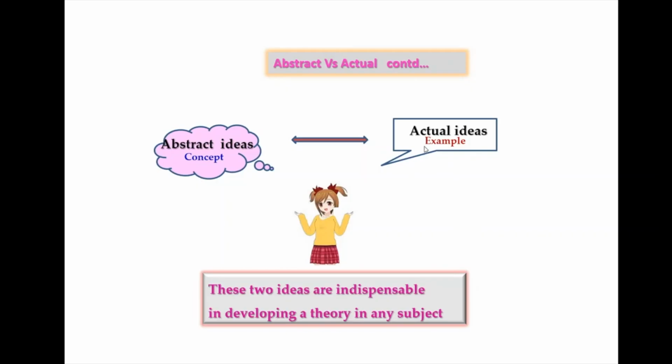The reason is, suppose we have an example, from that abstract ideas can be understood, and once the abstract ideas are understood, then further examples can be given, and by studying those examples, we can have some more abstract ideas, and for that again examples can be given, and the process continues. So these two are indispensable in developing a theory in any subject.